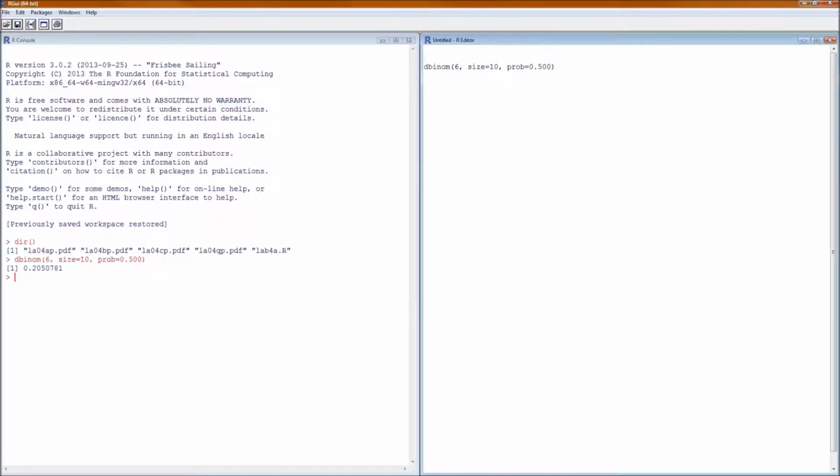If I would like to calculate the probability that you got exactly, if we go back to the beginning of this part of the lab activity, 7 heads in 14 flips of a fair coin, the probability of that happening is about 1 in 5. It's unlikely, but it is the most likely outcome.